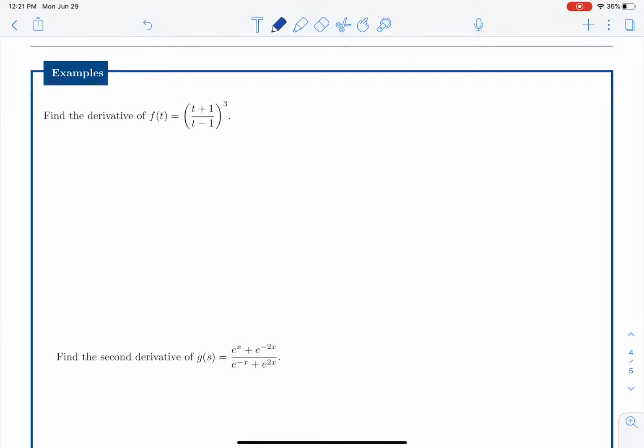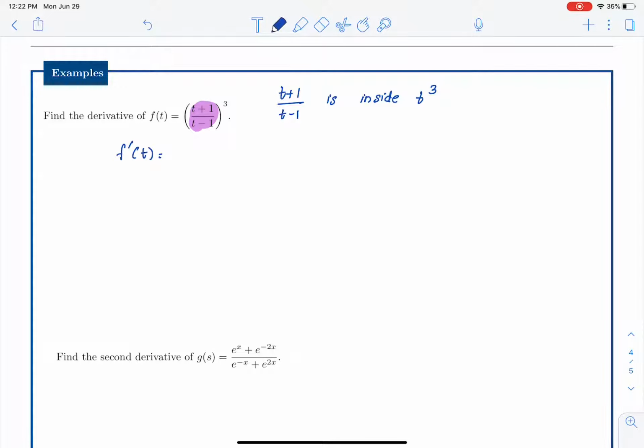So here, t plus 1 over t minus 1 is inside t cubed. So the function that is inside is that. To find the derivative, we are going to treat whatever that is inside as t.